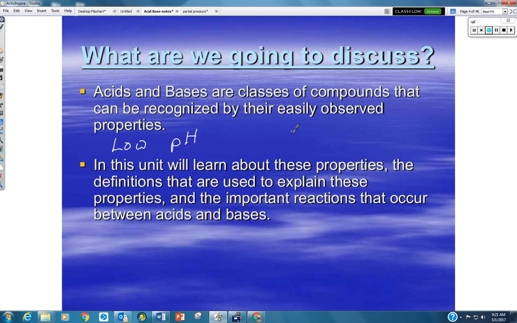All right, so it goes from 0 to 14. And I was hearing people say 0 to 7. So what is the range from 0 to 7? That's acid. That's for pH. All right. So 0 to 7 is an acid. From 7 to 14 is a base.